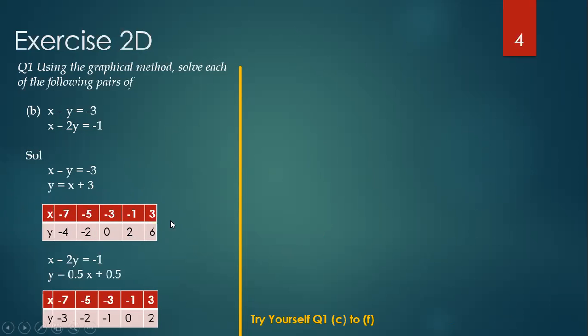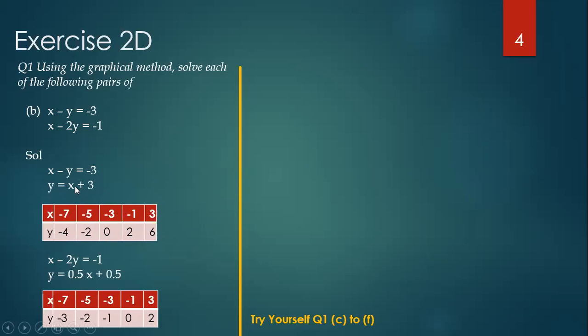Basically, you need only 3 points. If you also take 0, -1 and 1 on this side, you'll get a good graph. But make sure that all of these points are whole numbers. So I'm taking these values of x by my own choice, and you can do the trial and error as well.